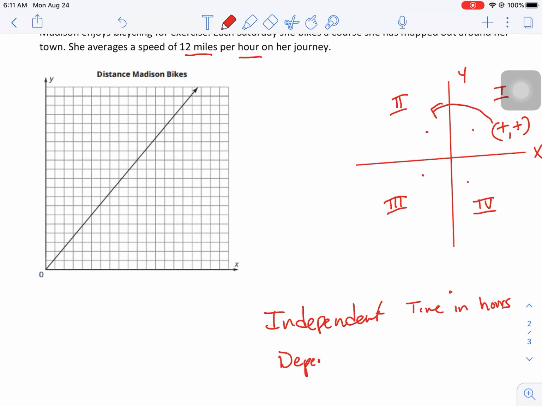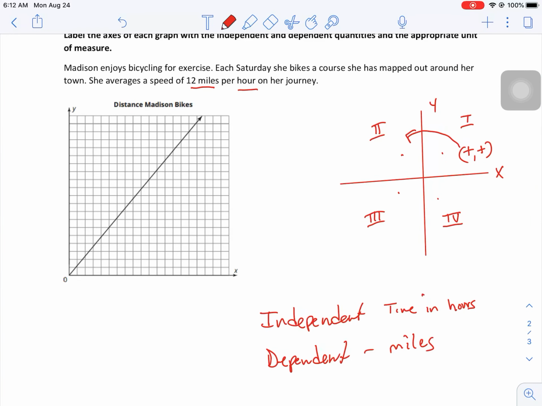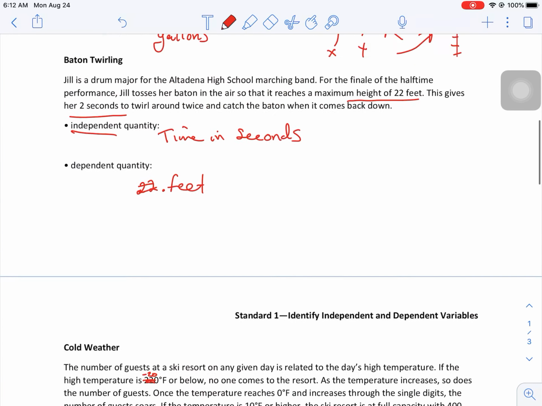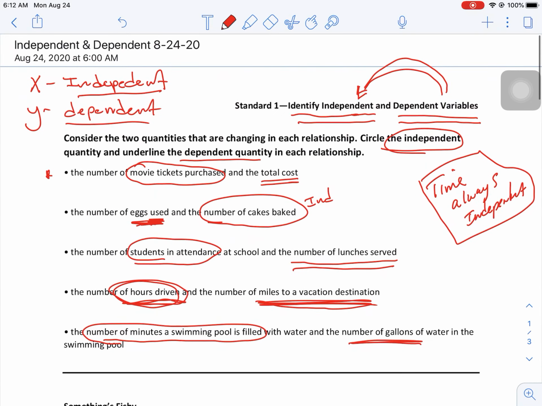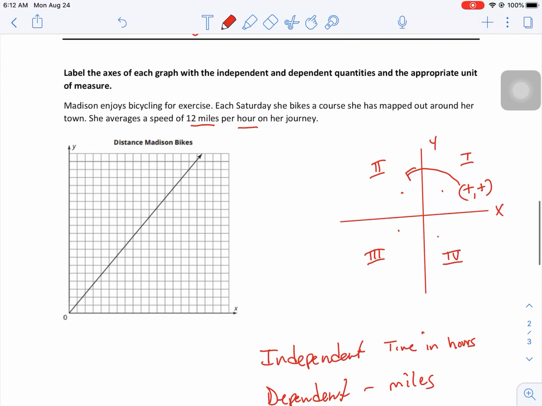Our dependent is, I'm spelling everything wrong this morning, boys and girls, D-E-P-E-N-D-E-N-T. That's going to be miles, right? Because we know that time is always going to be independent. And we know from what we set up here that the x is the independent and the y is the dependent.